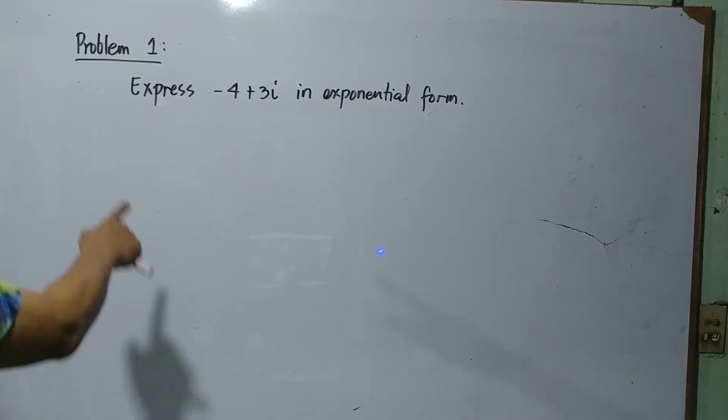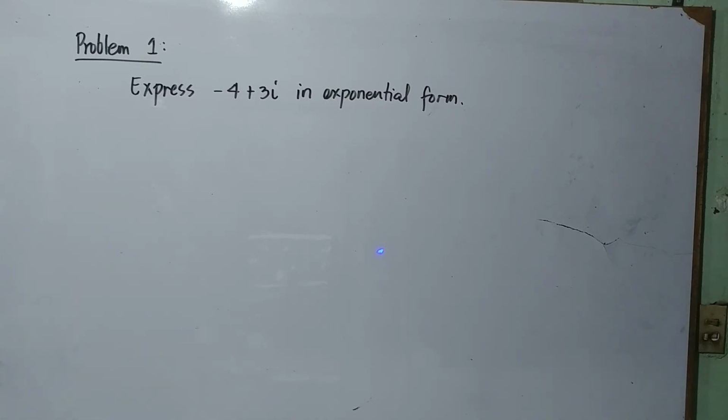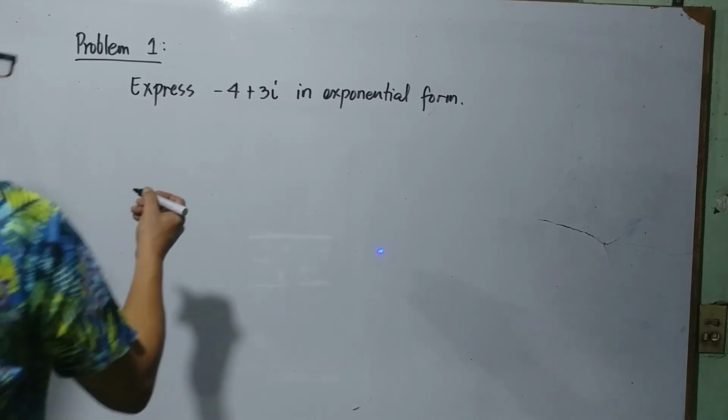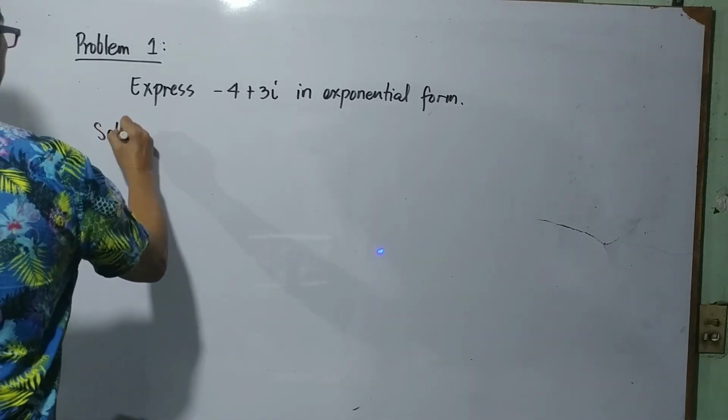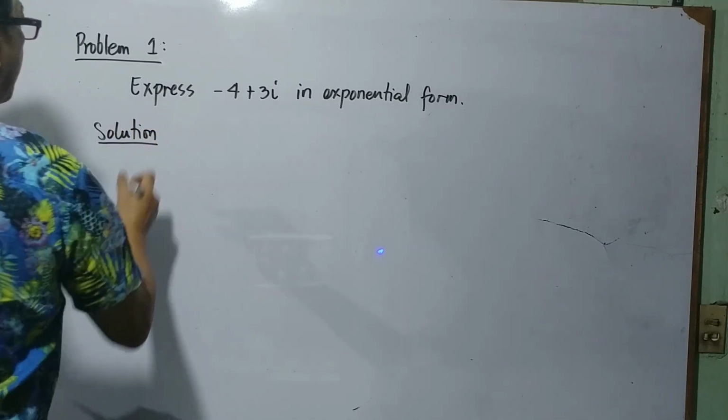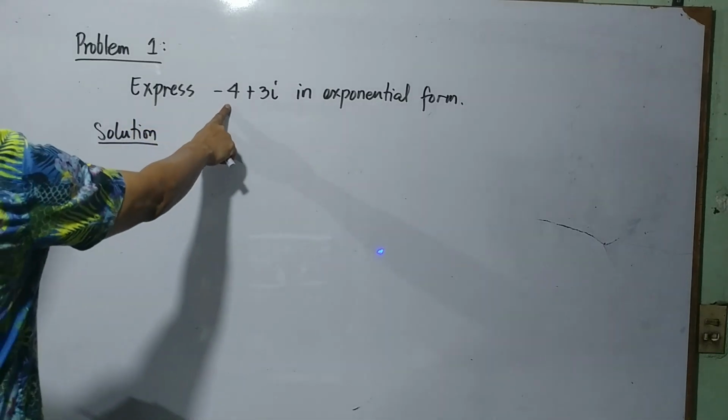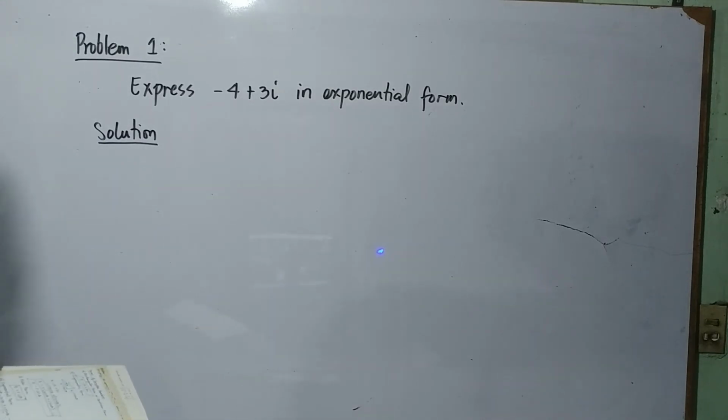For our problem number 1, express negative 4 plus 3i in exponential form. So to solve it, as you notice, negative 4 plus 3i is rectangular form.